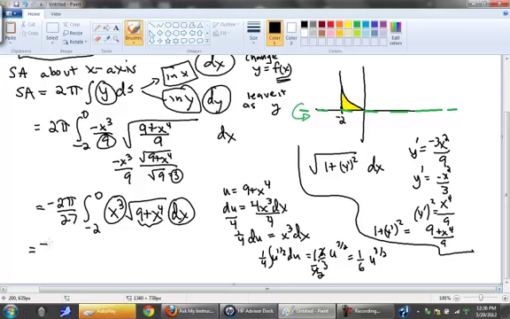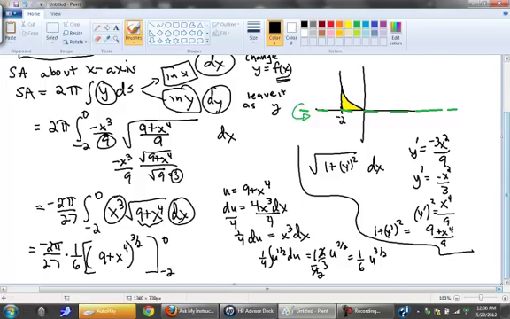We have the negative 2 pi over 27 times the 1/6 of 9 plus x to the 4th raised to the 3/2 power, evaluated from negative 2 up to 0.